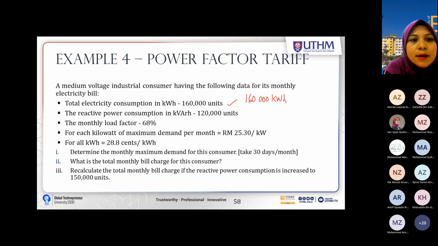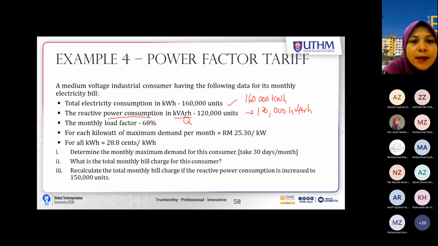And then there is reactive power. Reactive power is S or P or Q? Q, doctor. Q, right. kVAR hours. It is multiplied by hours, which is 120,000 kVARh.